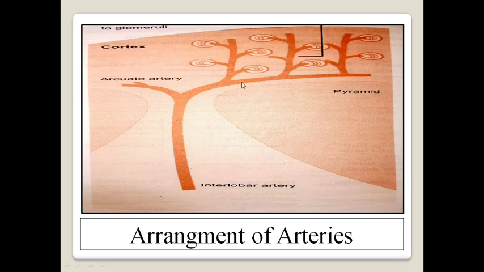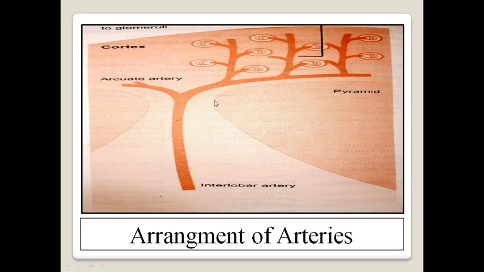What is this arcuate artery? The arcuate artery runs at right angle to the interlobar artery. Okay. They lie parallel to the renal pyramids. This is the base of the renal pyramids, or they lie parallel to the surface of the kidney.